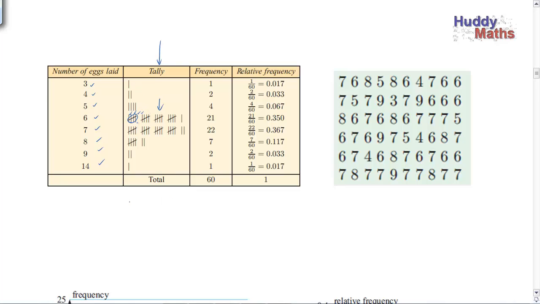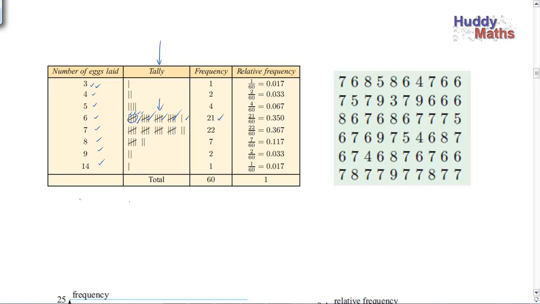So that's 1, 2, 3, 4 5s are 20, and 1 is 21. It makes it easy to count it up. So that tally column is a way of recording how many in each of the different discrete values we have, the number of hens giving that many eggs.